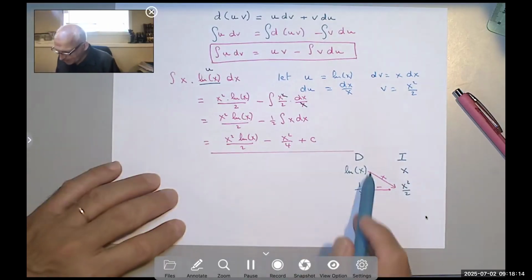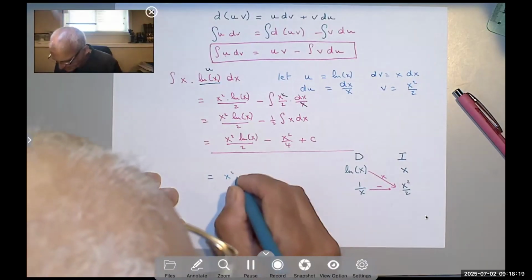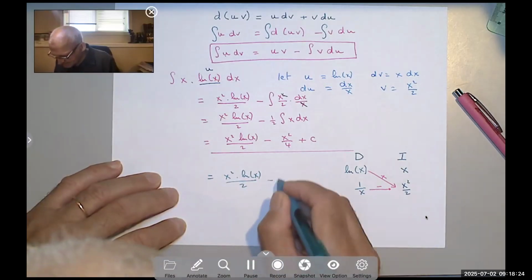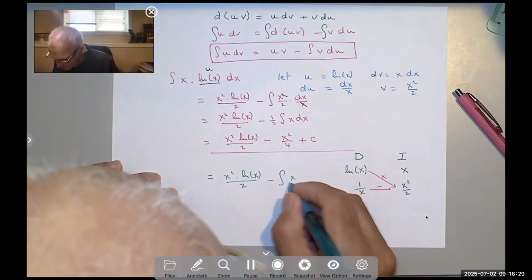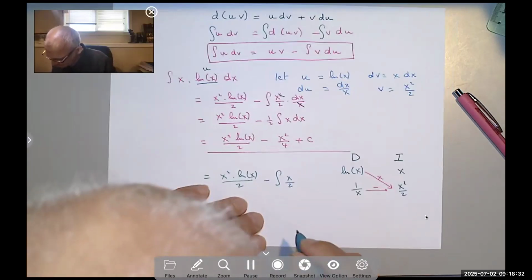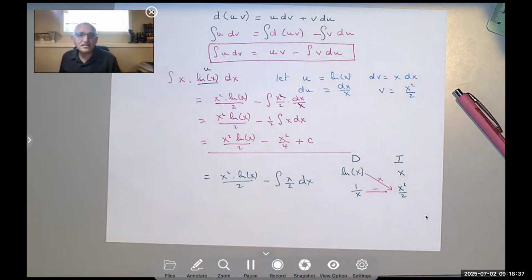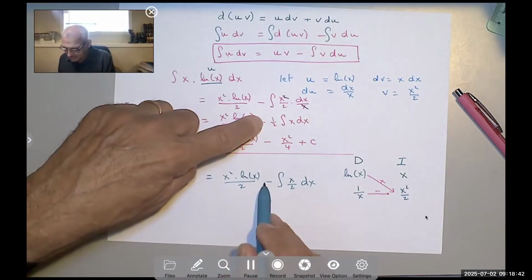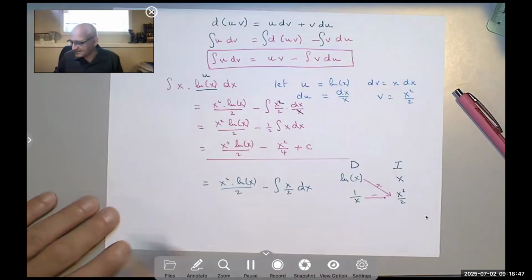So basically, I would say equals this times that, which is x squared natural log of x over 2 minus the integral, x squared over x is x, so x over 2 dx. And I get the same exact equation. You see, x squared natural log of x over 2 minus 1/2 integral of x dx. Let's take another example that would make that much clearer.